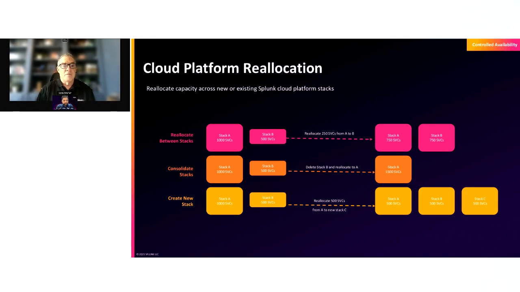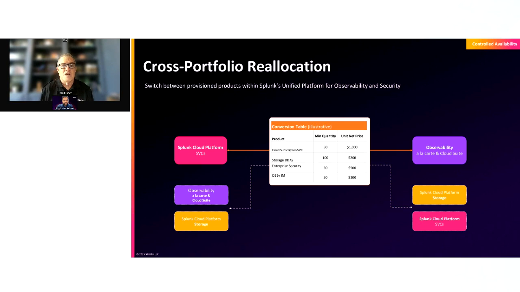The cross-portfolio reallocation does a great job of basically giving a conversion table that says, look, here's my cloud subscription, here's my unit price, and this is how much it costs, right? And if I want to move dollars, maybe from, say, cloud platform into observability, I would have this kind of menu that says, okay, we can take those dollars, this is how much it would cost you, this is how many SVCs or gigs of ingest you might need to remove or change in your license.